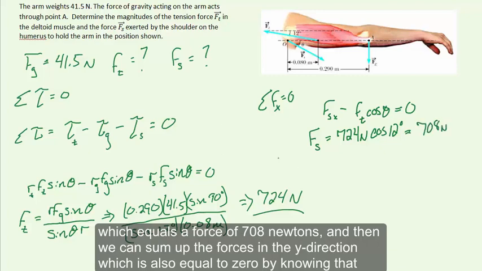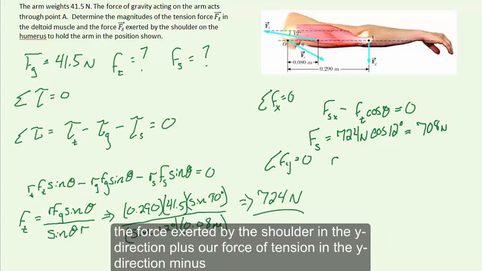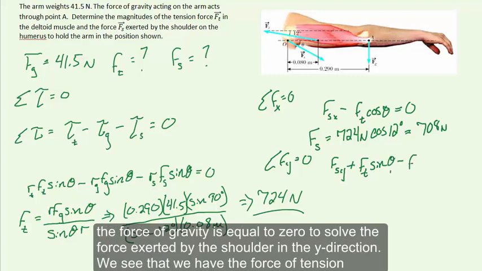And then we can sum up the forces in the y direction, which is also equal to 0, by knowing that the force exerted by the shoulder in the y direction plus our force of tension in the y direction minus the force of gravity is equal to 0.